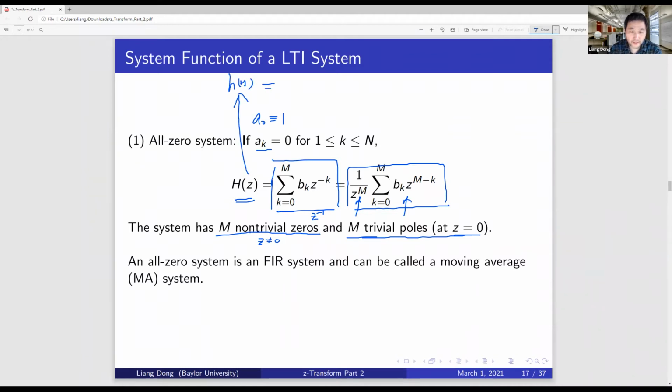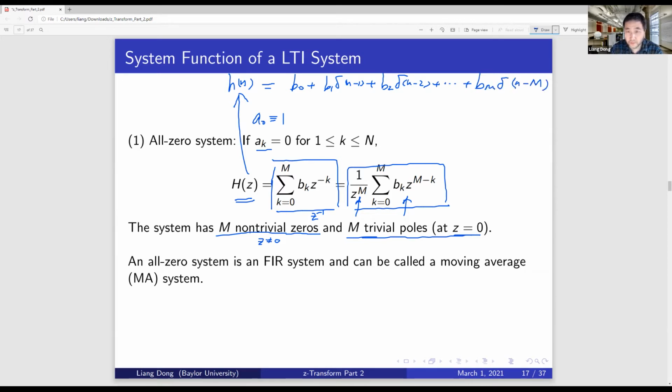On the right-hand side of my equation, this becomes b0 times z to the power -0, that's 1, so b0 delta[n], plus b1 delta[n-1] plus b2 delta[n-2], all the way to bm delta[n-m].